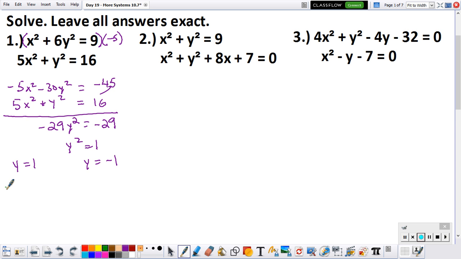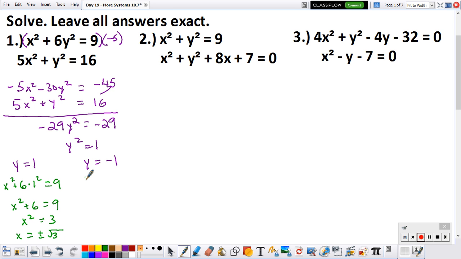So for y equals 1, I'm going to have x squared plus 6 times 1 squared equals 9, which gives me x squared plus 6 equals 9, which gives me x squared equals 3. So x equals plus or minus √3.